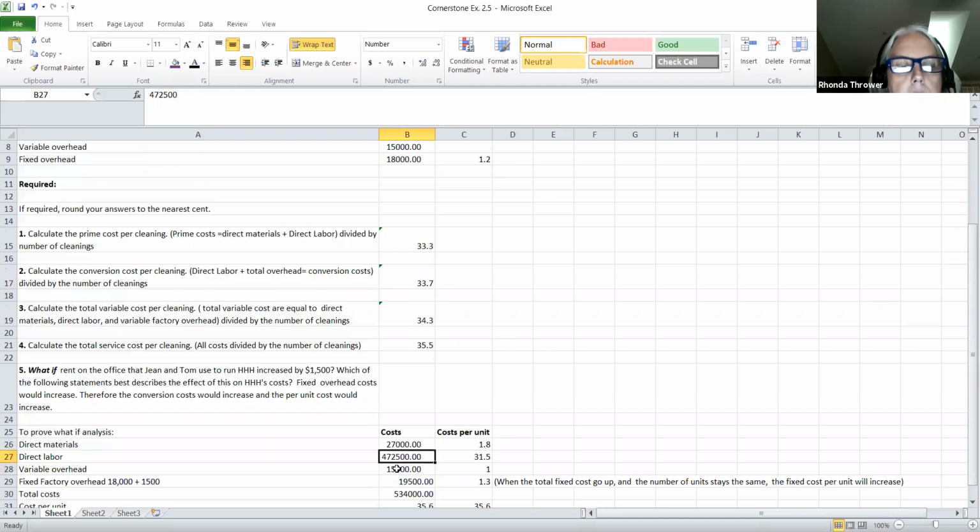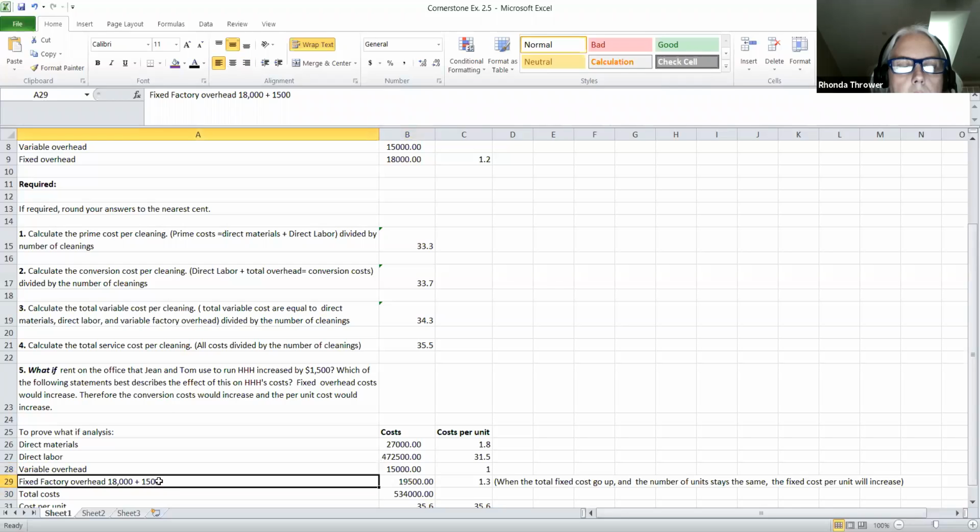Your variable factory overhead would have remained the same at $15,000, but your fixed factory overhead would have changed because rent is considered to be a fixed cost. It will add to the costs that are already considered to be fixed cost.